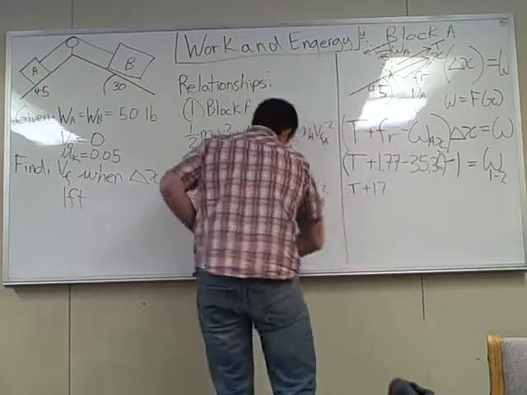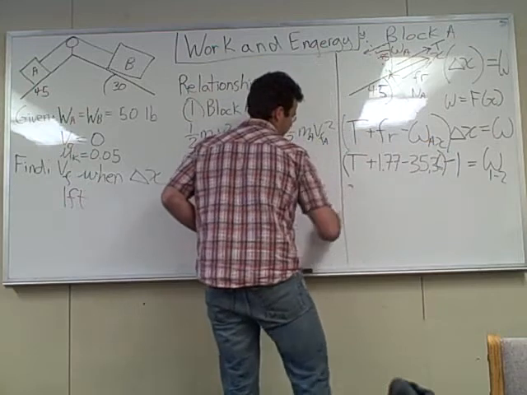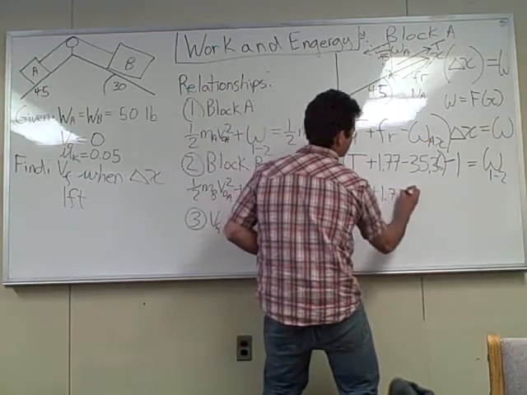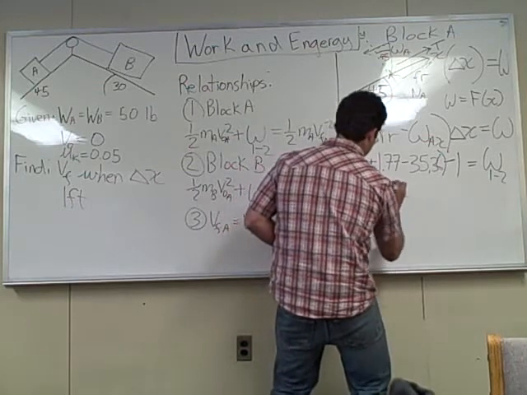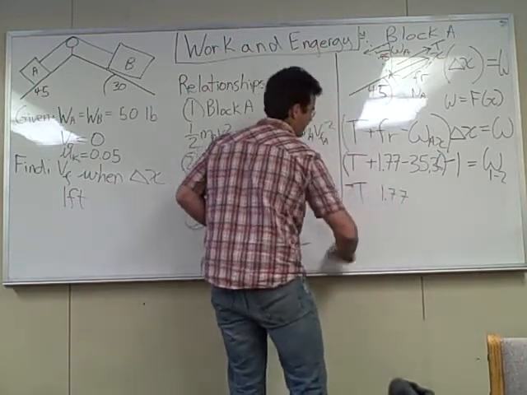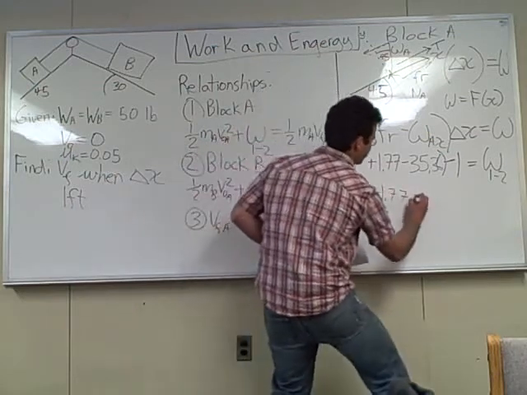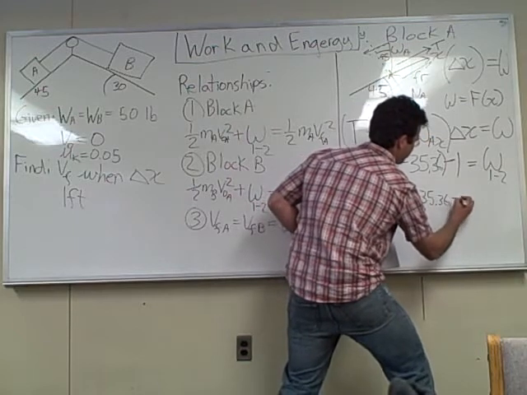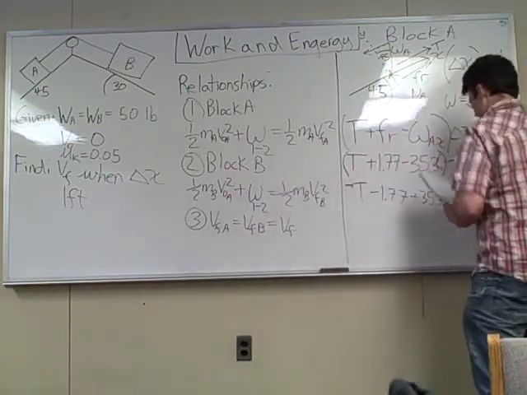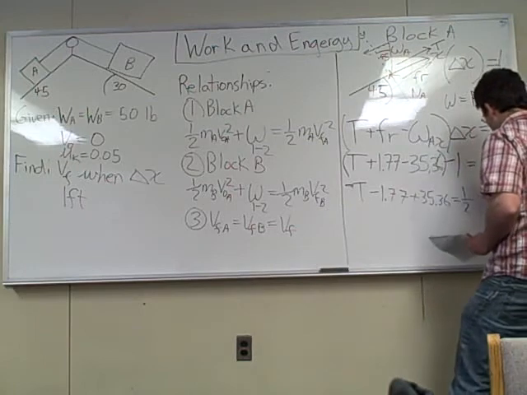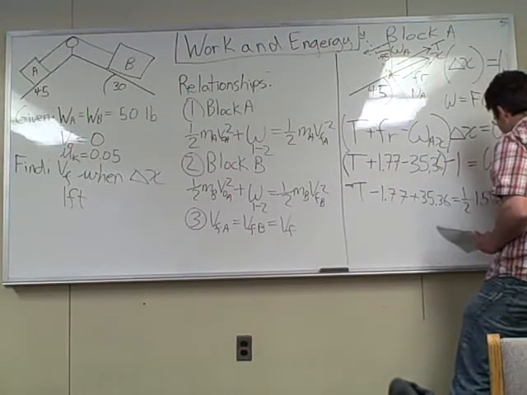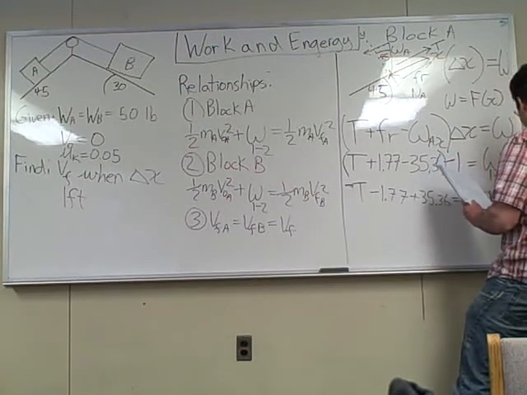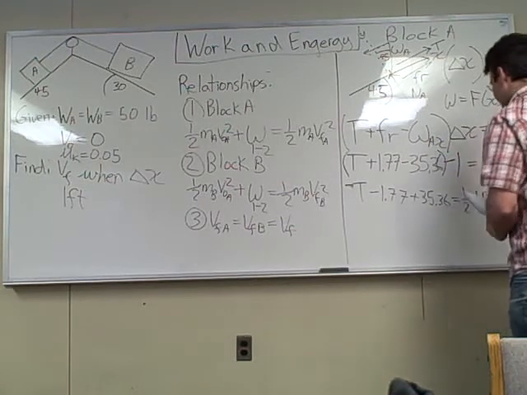Well, I have to times everything by -1, so it's going to be -T plus 1.77 minus 1.77 plus 35.36 equals 1/2, and we have our mass as 1.55 slugs times our final velocity squared.